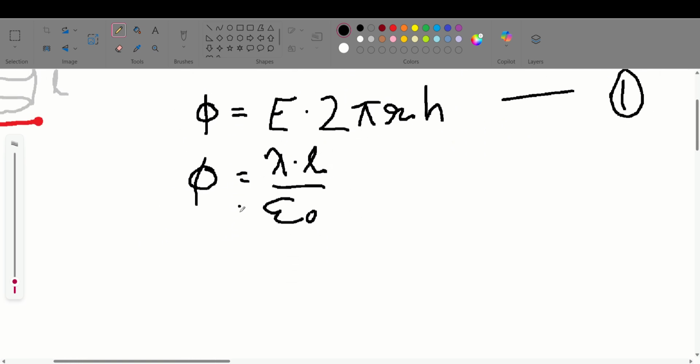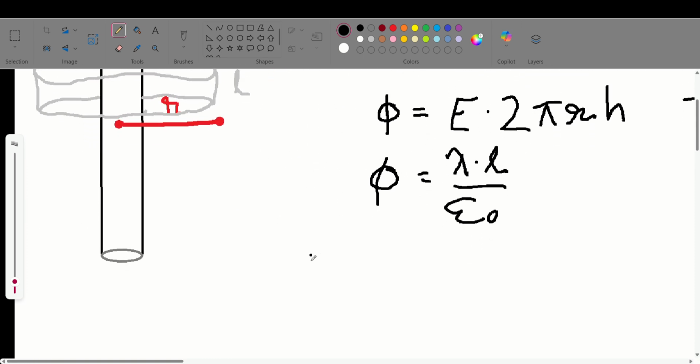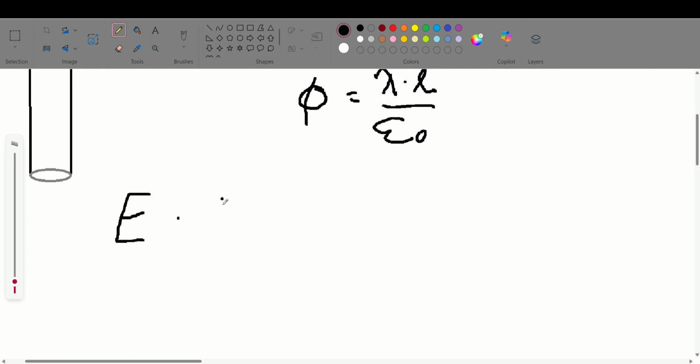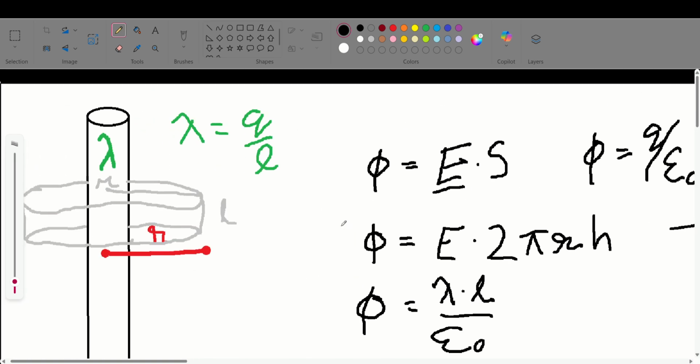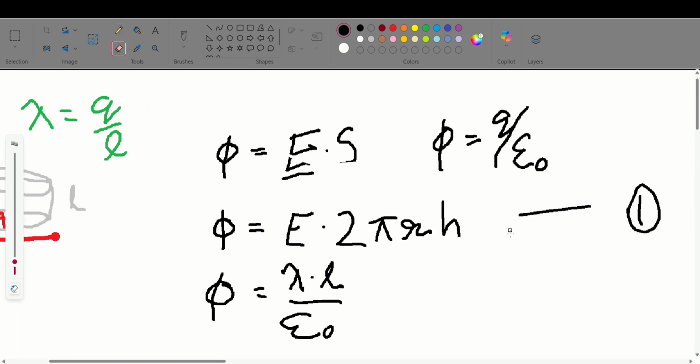Since both of them are flux, we can equate the two of them and say that E into 2 pi r h. Actually, this shouldn't be an h, it should be an L, because that's what we've taken as the height of the cylinder.